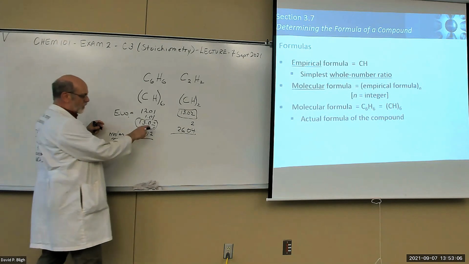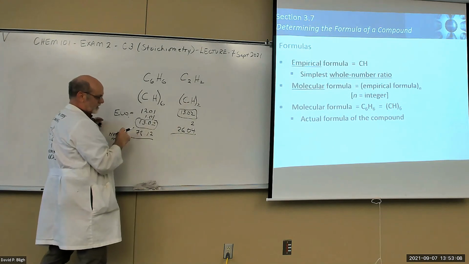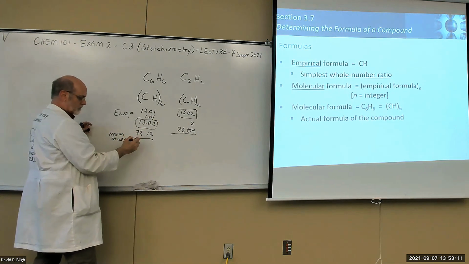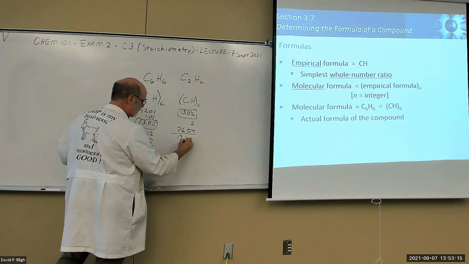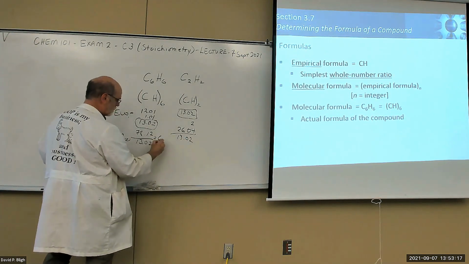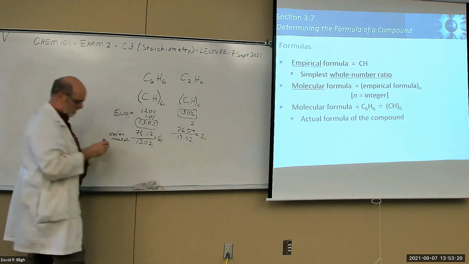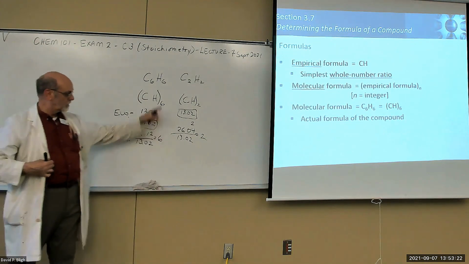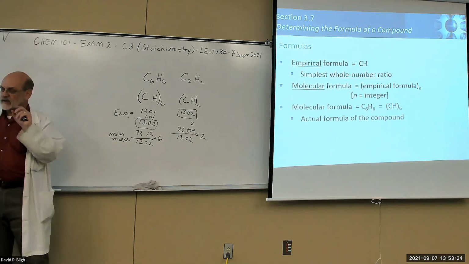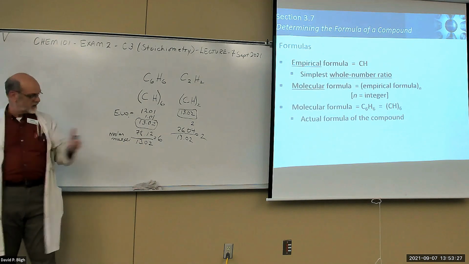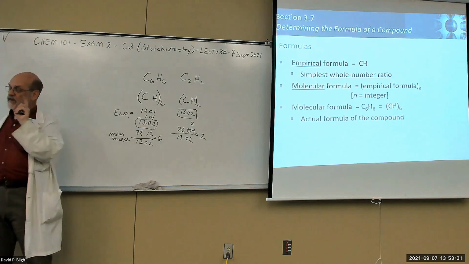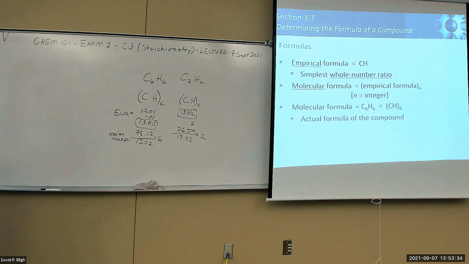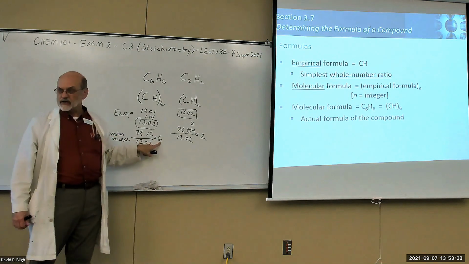Notice, if you know this for that and this for that, what if you ratio this one divided by 13.02 and divide this one by 13.02? What do you get? You get the multiplier. So if we can determine the empirical formula and its empirical weight, and then we're given the actual molecular weight, the molar mass, then all you have to do is ratio the two, and you've got your multiplier.